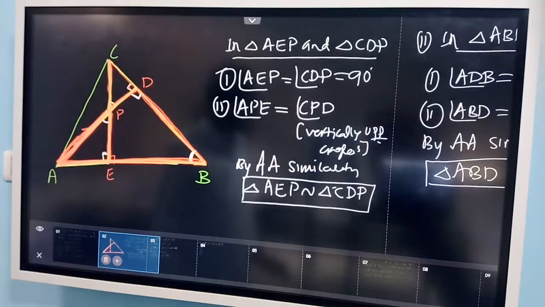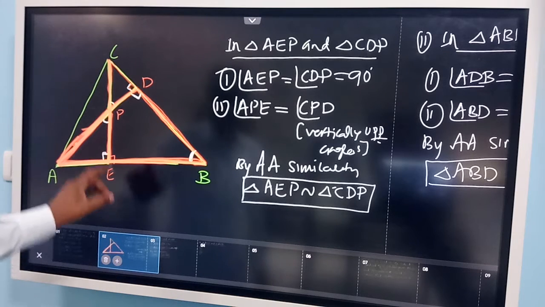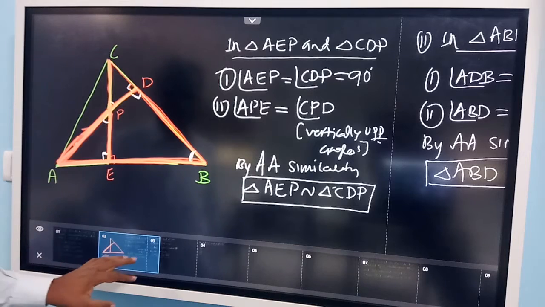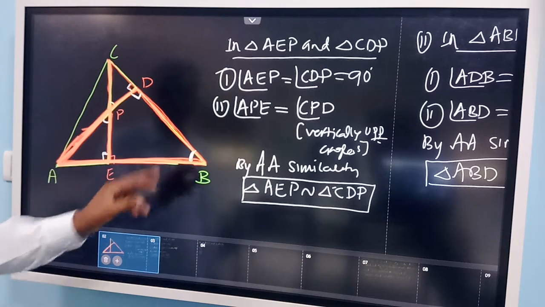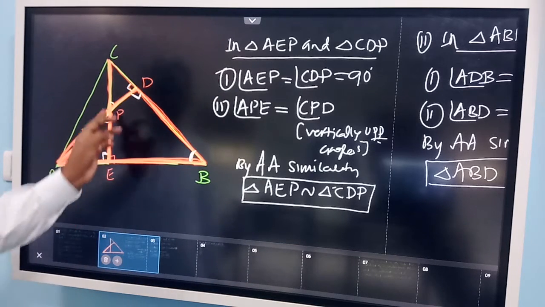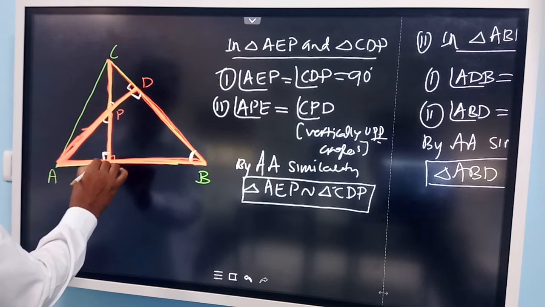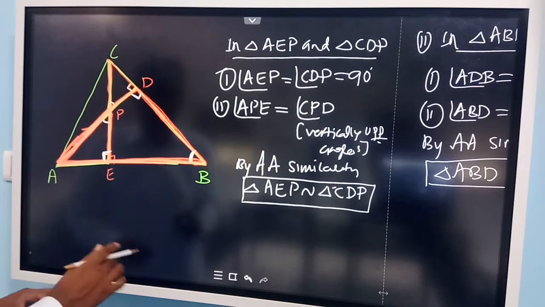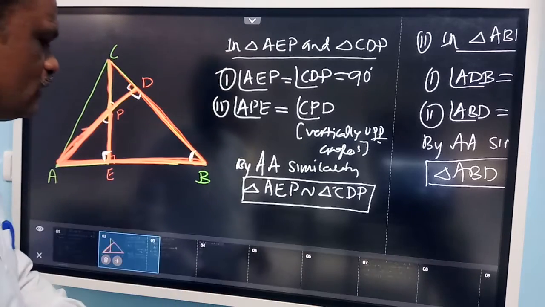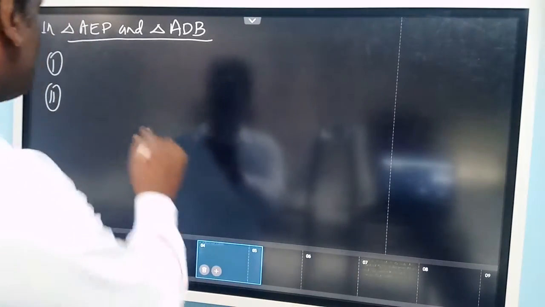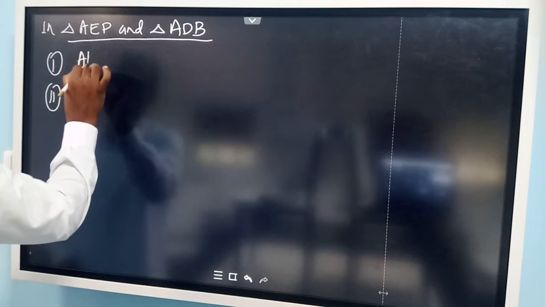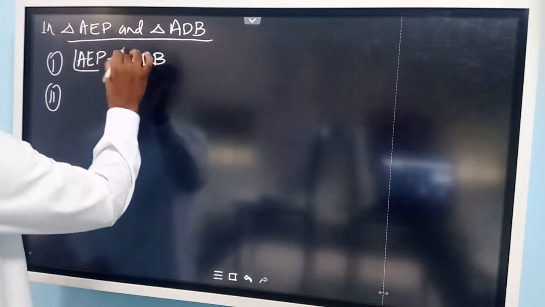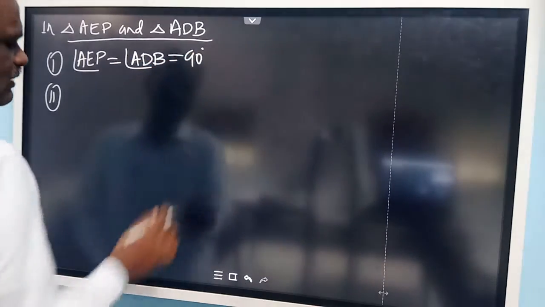Look at the diagram. In the small triangle, angle AEP is 90 degrees. In the bigger triangle, angle ADB is 90 degrees. Therefore angle AEP is equal to angle ADB, both equal to 90 degrees.